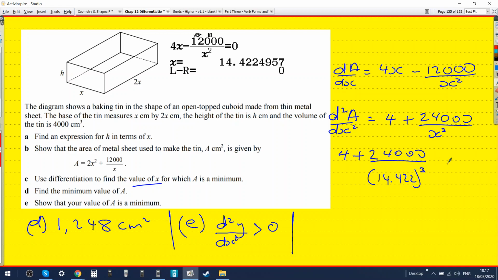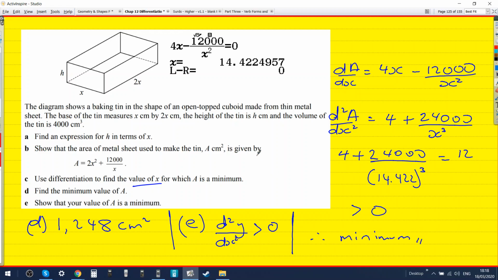Cubed. Won't make any difference at all. And then I got 12, which is bigger than 0, therefore minimum.